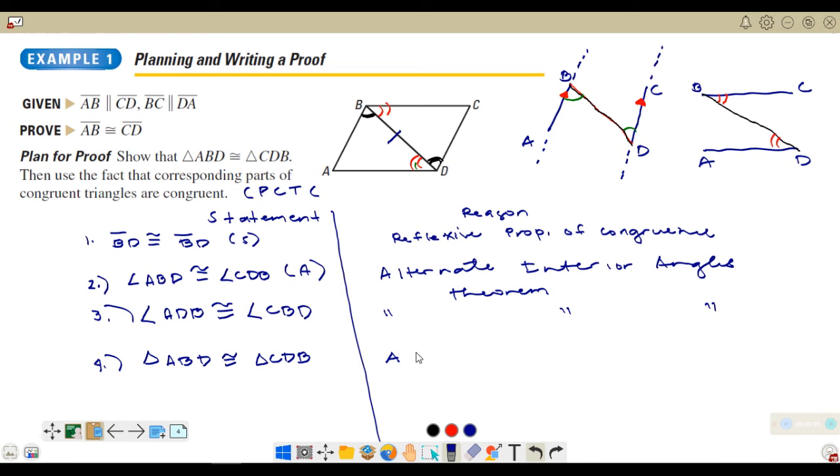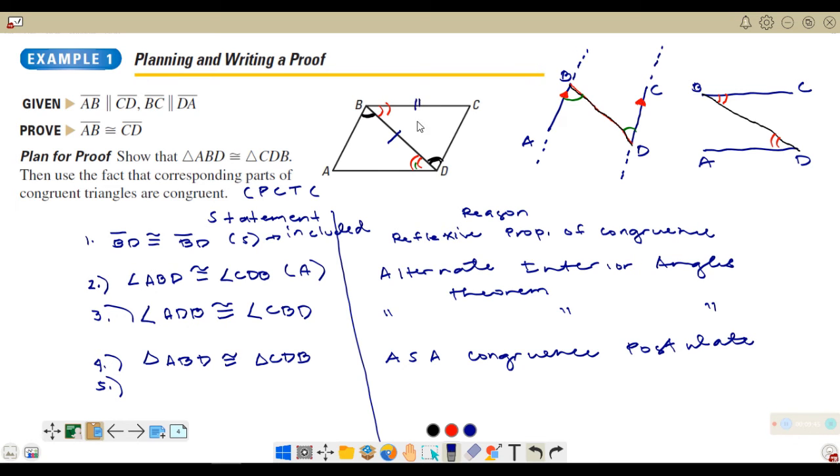Through the ASA congruence postulate. So, ito pala ay included. See? Between siya ng dalawang angles that are given. Now, since we already have one segment that is congruent, we are now going to look at the two other corresponding sides.